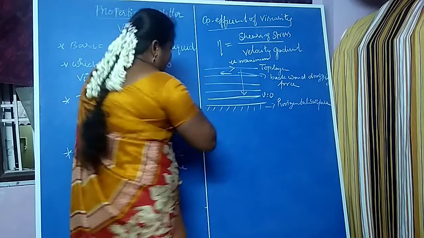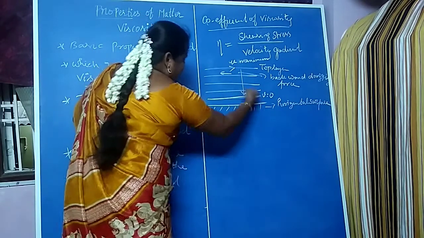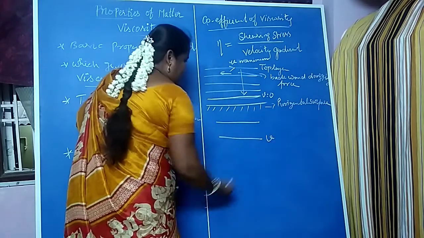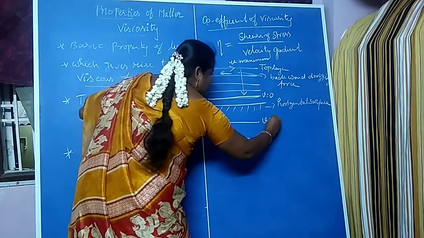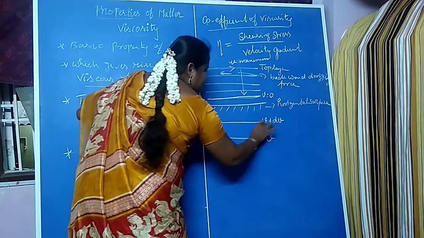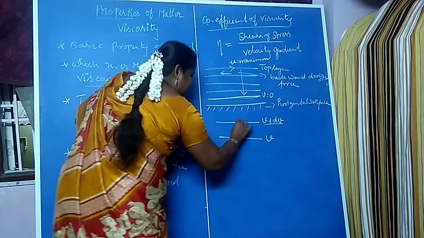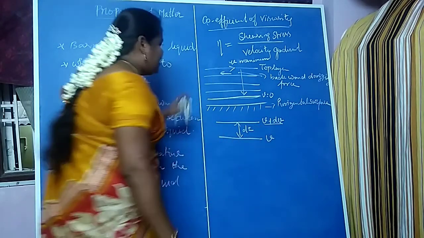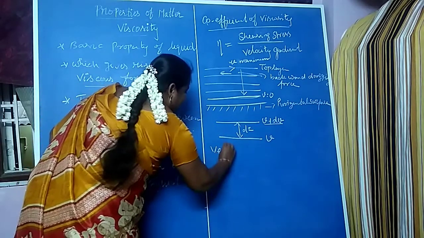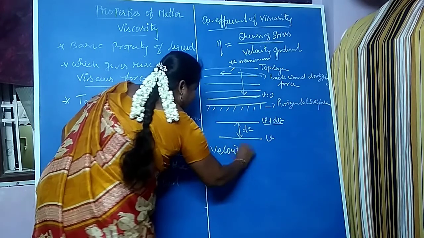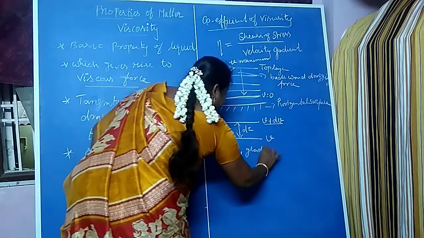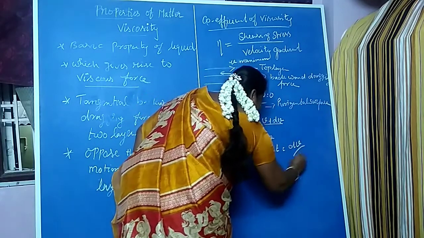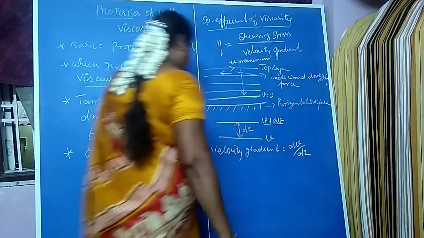So, we can consider two layers. One has the velocity v, another has velocity v plus dv, so there is an increase in velocity. The distance between the two layers is dz. Here the velocity gradient is equal to dv by dz.